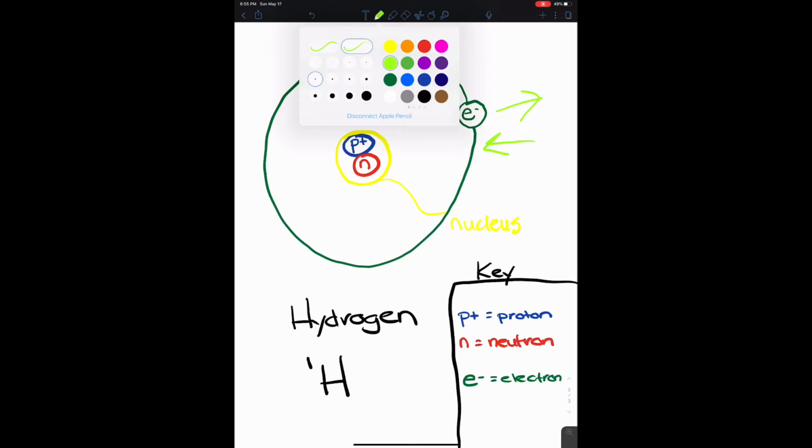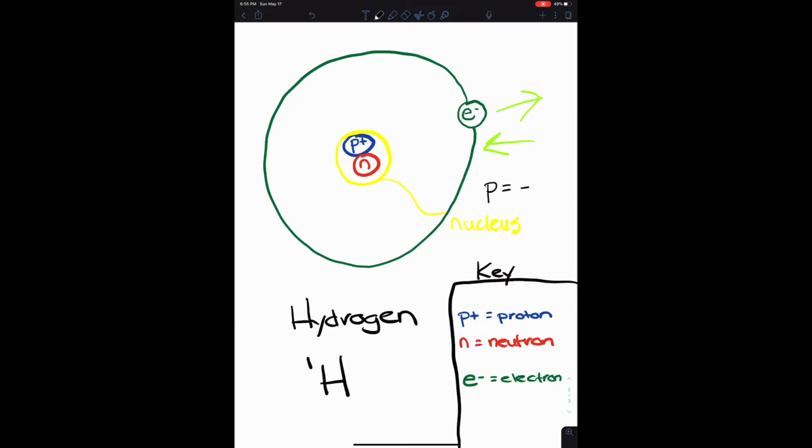The other thing I want you to know is, generally speaking, protons equal the number of electrons in an atom, although the electron is free to come and go, okay? Whereas protons and neutrons aren't always the same. Sometimes there are atoms that have more protons than neutrons. So it's kind of confusing, but generally speaking, protons equal electrons, okay?